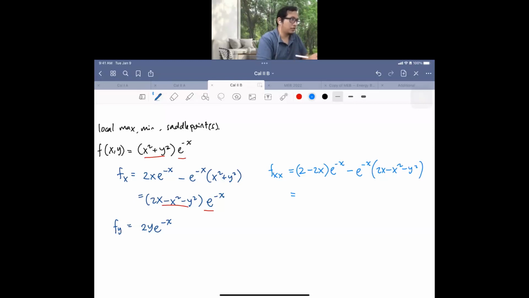This will be equal to x squared plus y squared minus 4x plus 2, times e to the negative x. Partial xy will be negative 2y e to the negative x. Partial yy will be 2 e to the negative x.